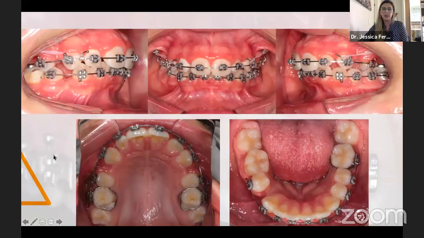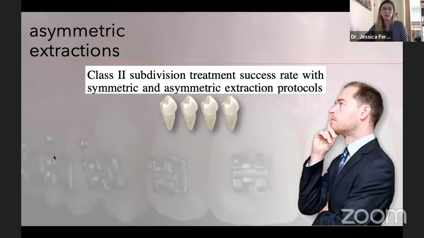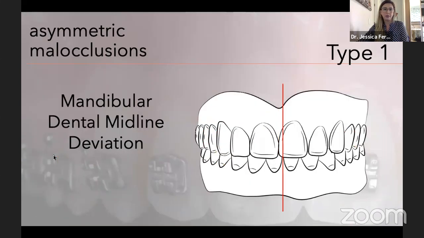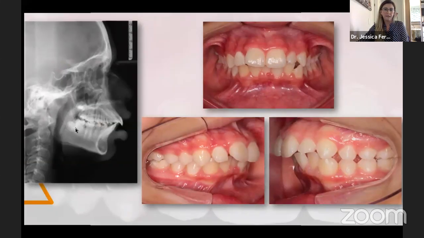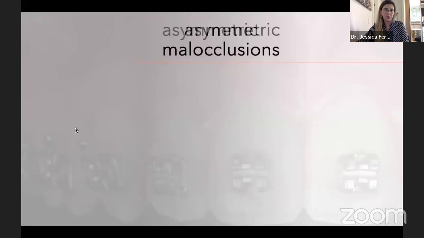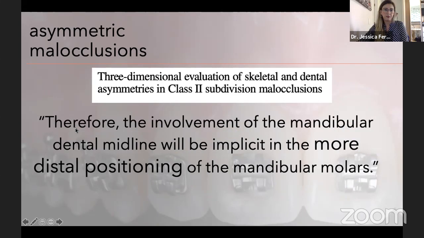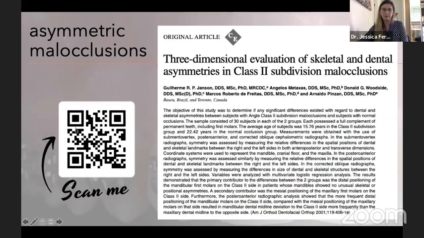It's a very good article to learn a little bit more about asymmetric malocclusions. You have the file, just scan the QR code.